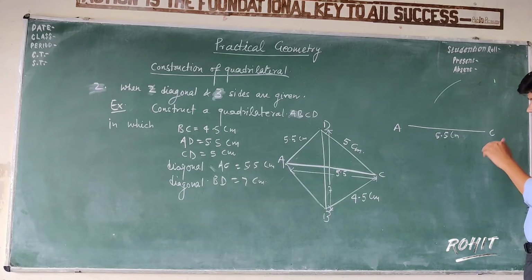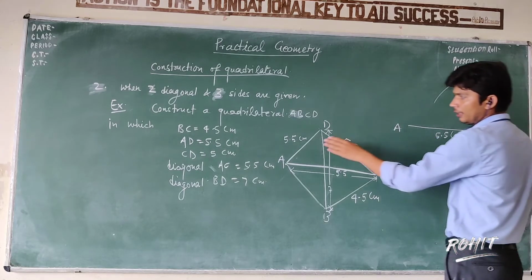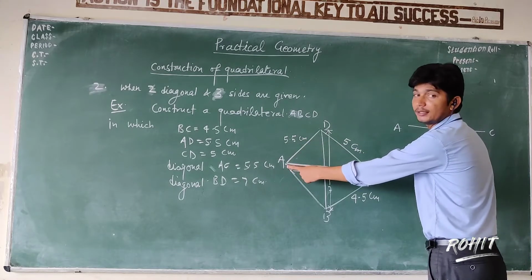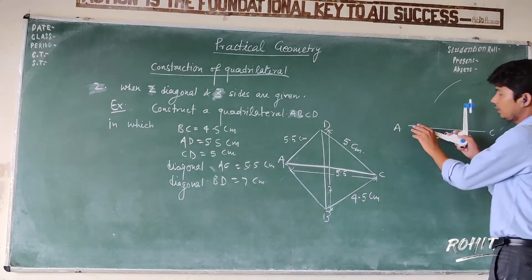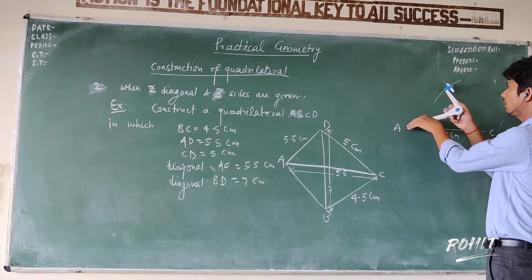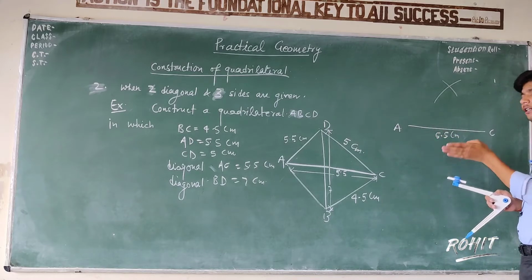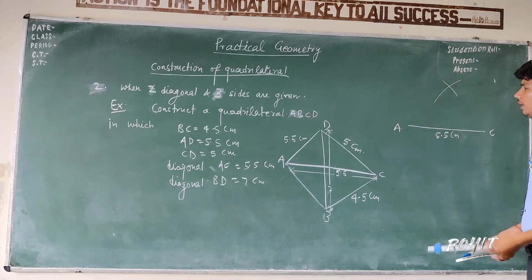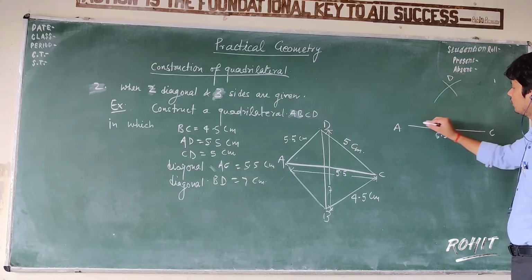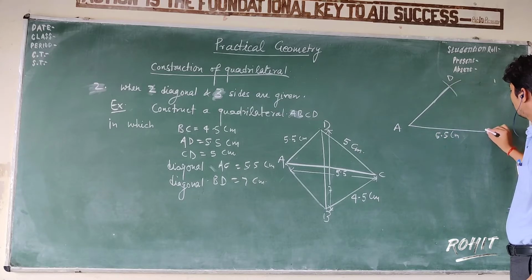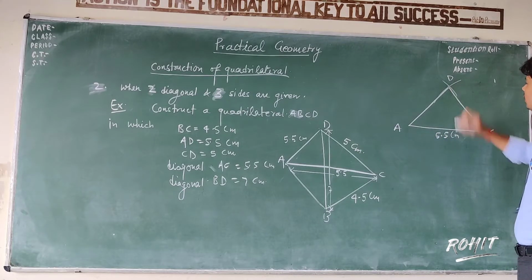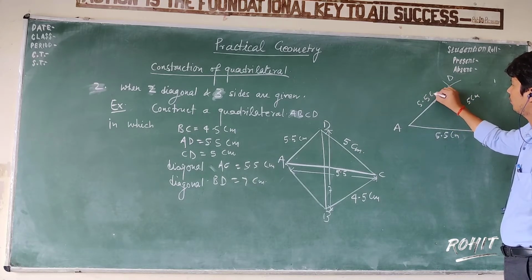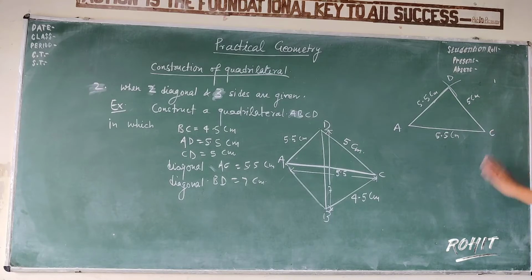Now third step is take 5.5 centimeter length in the compass and take A as center, and taking A as center, draw another arc which intersects the first arc at the point D. Join A to D and C to D. Half of your quadrilateral is completed.